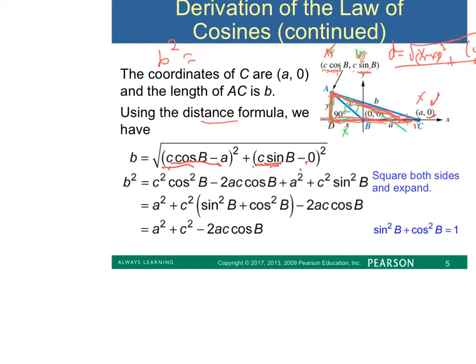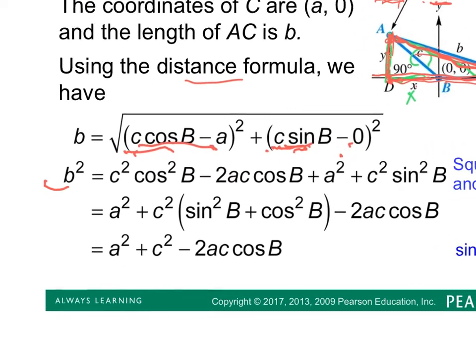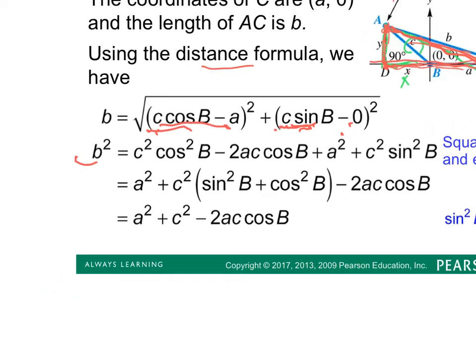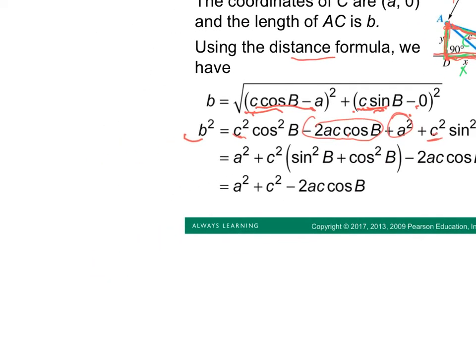Now go ahead and square both sides to get rid of the radical. And we have all this gobbledygook, and it's hard to believe anything can come out of it. But if you look carefully, there's two terms that have the c squared, so we will factor that out. Now the a squared is minding its own business, and so is the minus 2ac cosine B. You're wondering where those came from.